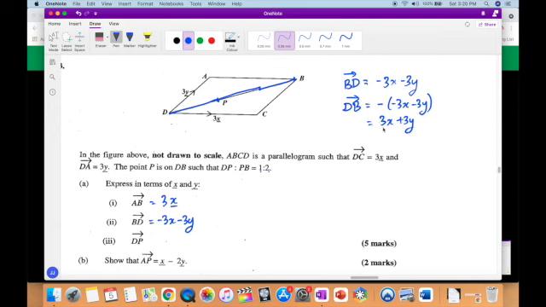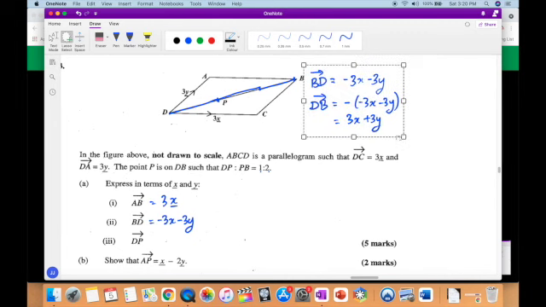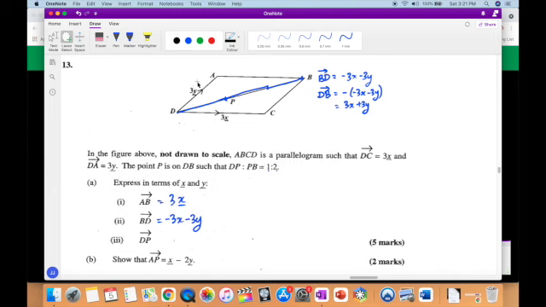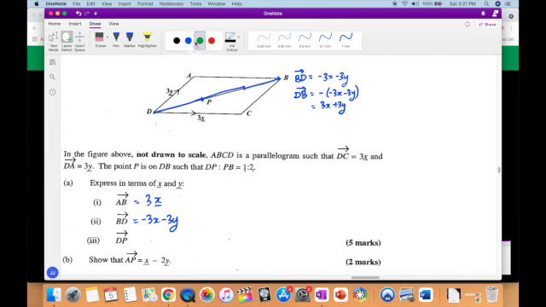So DP, and I know all of this DP, DB, BD thing gets confusing. So I hope that you guys could follow. Right? DP is actually 1/3 of DB.